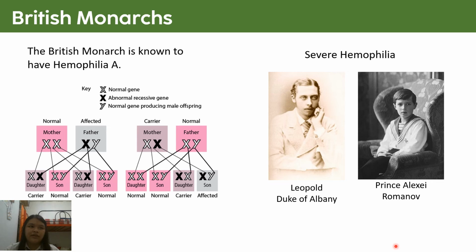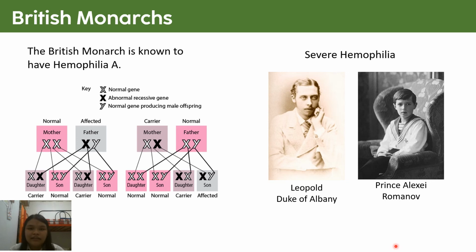So he's very fragile, and at the age of 31 he died because he fell, and his head bled, and because he has hemophilia, the bleeding can't stop, his body can't heal it, and he eventually died at such a young age.